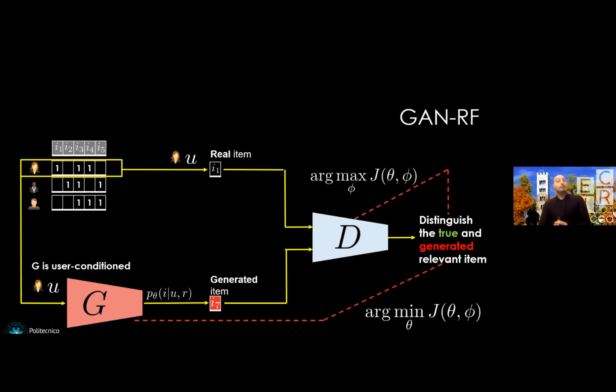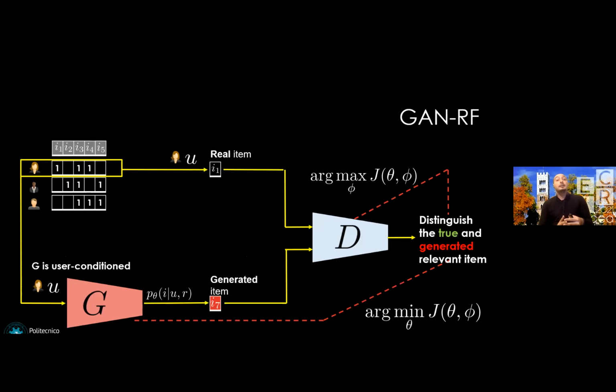GANs were originally proposed by Goodfellow in 2014, and they are typically composed of two different components, the generator G and the discriminator D. Now, the goal of the generator is to capture the real distribution of data and generate adversarial samples that could be able to fool the discriminator.